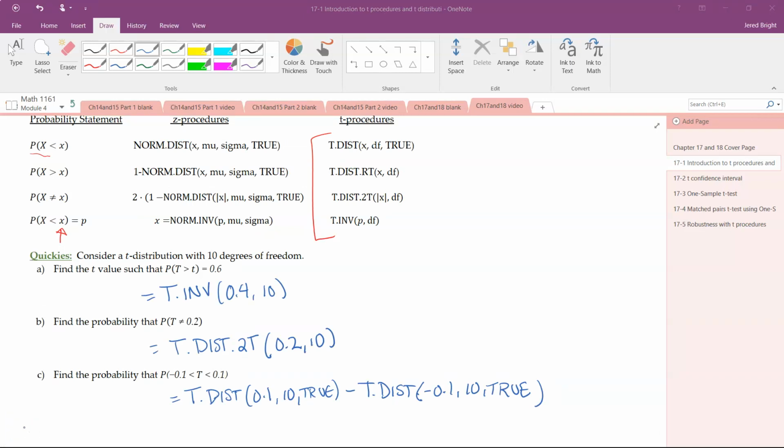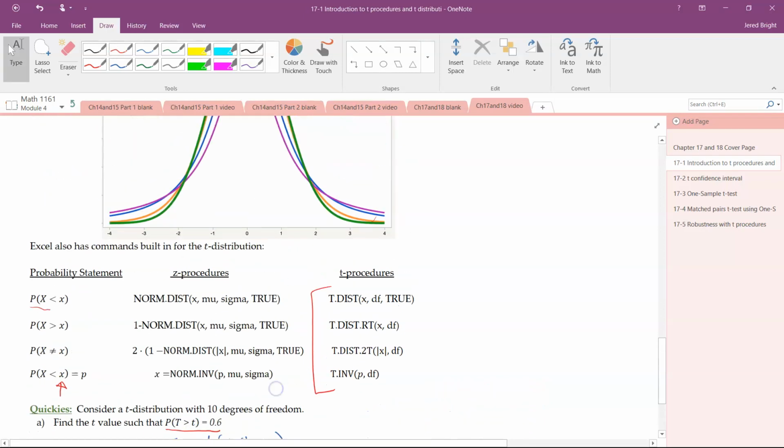Now I just want to take a moment and visualize each of these on the curves above. So for example, the first one I'll maybe visualize here in red. We want to find a place on the curve, so this t value, such that to the right of it is 60% of the area.